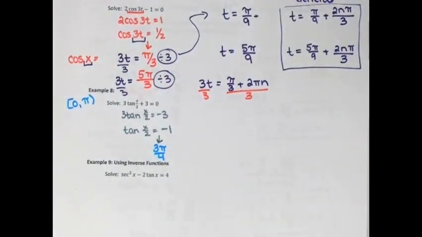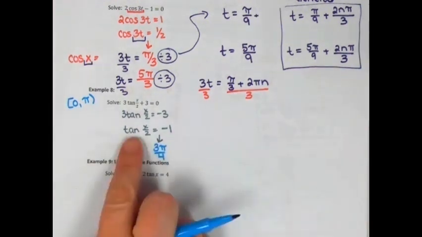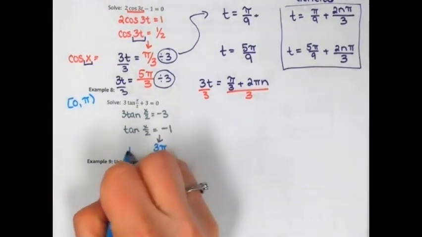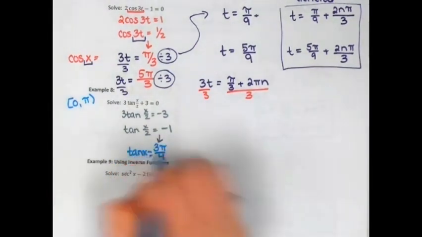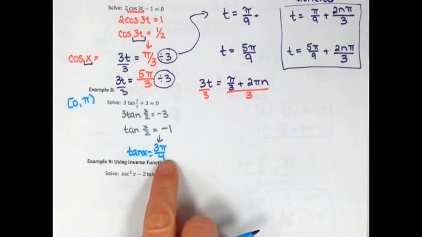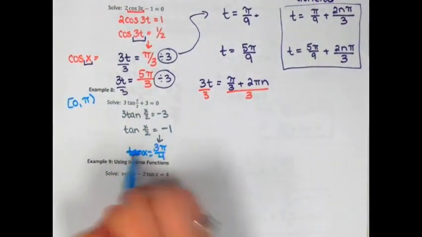Because we know it's 45, 45, 90, so it's pi over 4, but we need to turn it into quadrant 2. So we took pi minus that pi over 4. Okay. Now, that would be when the tangent equals negative 1, right?